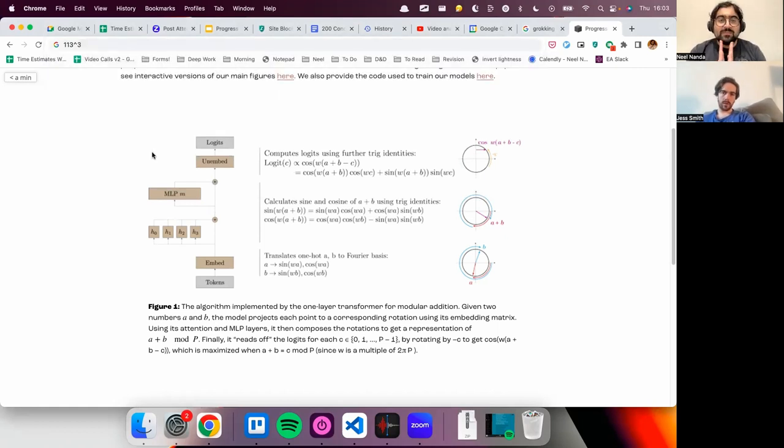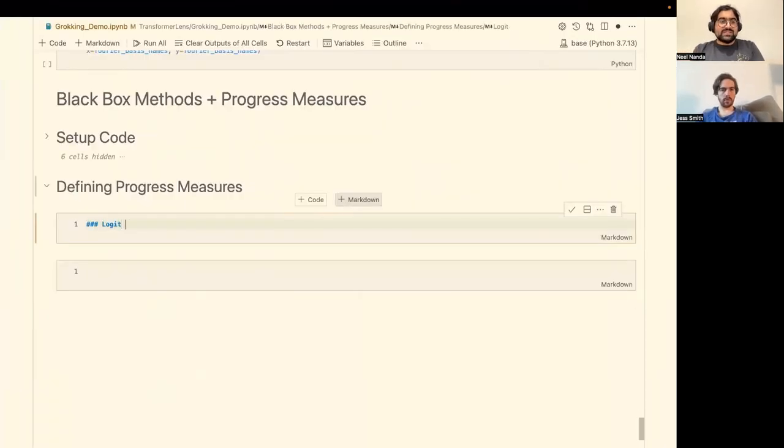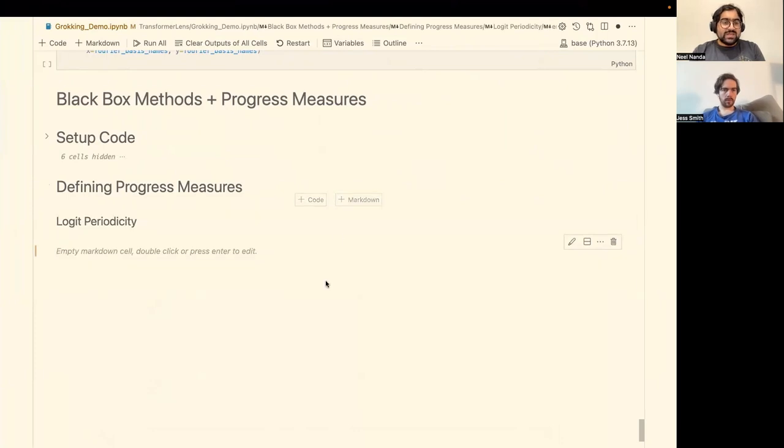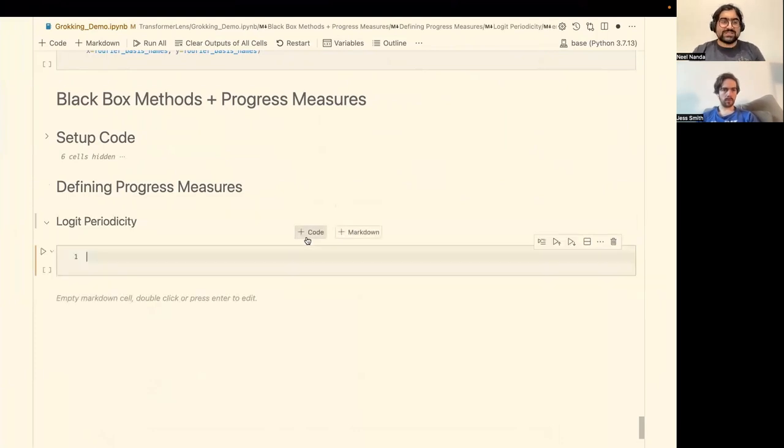So we're making a claim that we can explain this tensor of logits with 1.4 million elements with a linear combination of 5 sets of numbers, and the leftover bits don't matter, which is kind of a wild and strong prediction. So our first progress measure is just going to be literally doing that. Call this Logit Periodicity because we're basically making the claim that the logits are periodic in an interesting way.